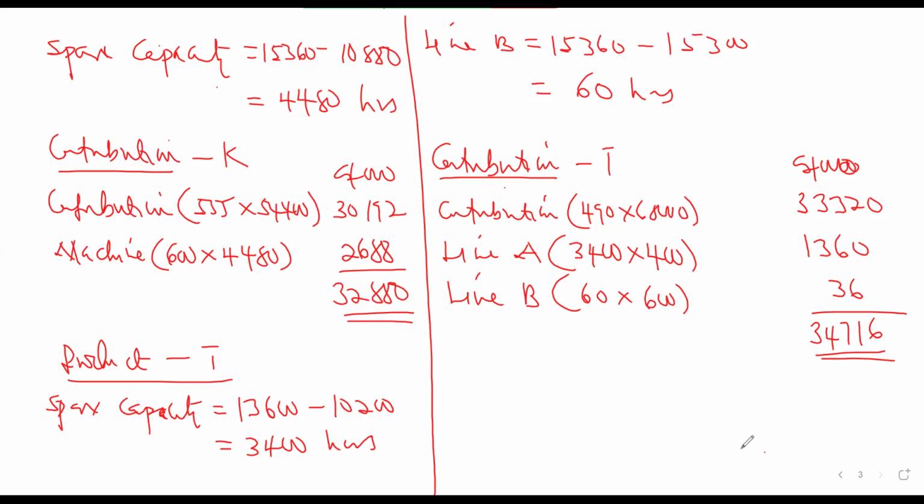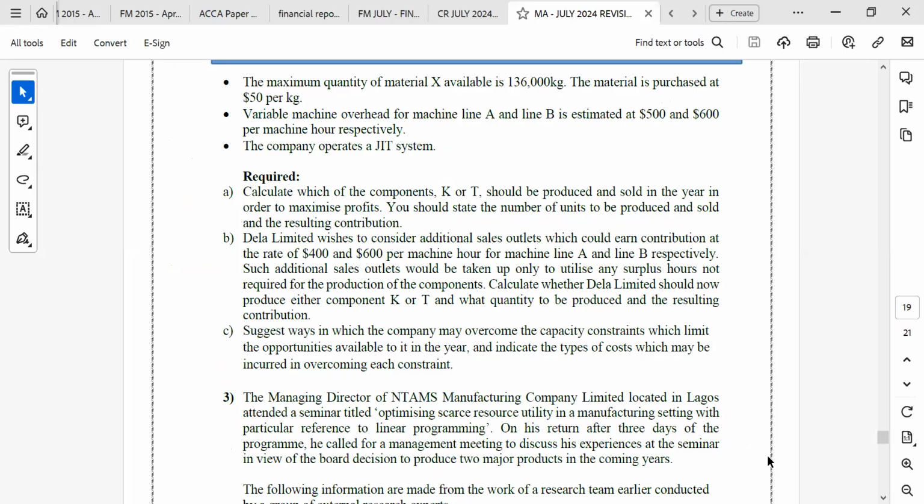Yes. So the contribution is not going to be based on the machine only. You see that if they are utilizing the machine, it will be product K, because product K will be giving us a higher contribution per machine hour. But what about the product itself? They are only going to be using the surplus hours not used. So we know the units that they will be producing, 54,400 for product K and 68,000 over here. After we have produced this, what will be the surplus machine hours left? That is what we have done over there.